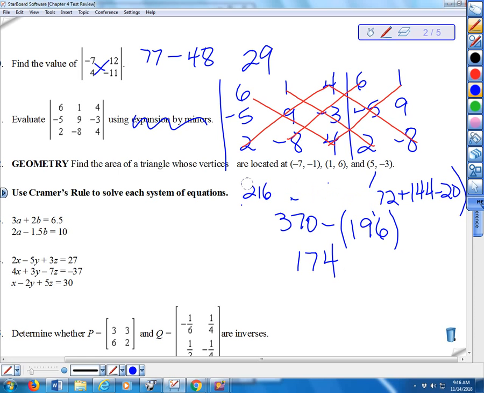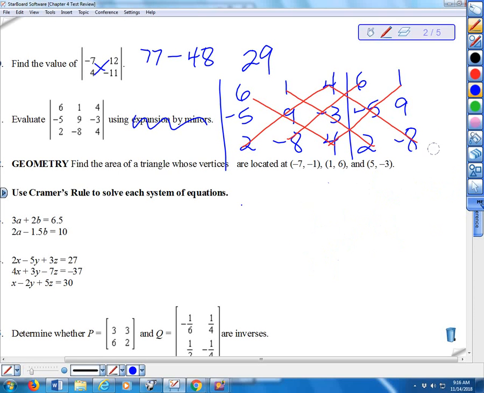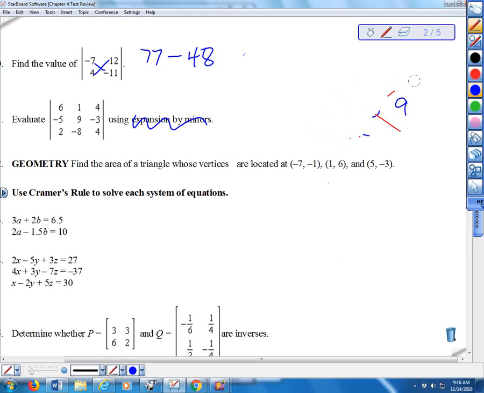Cramer's, oh, we've got a geometry, area of a triangle. So for the area of a triangle, you take the determinant of the points. Those are the X and Y columns, so I'm going to write the points down. 7, negative 1, 1, 6, 5, negative 3. The last column is just ones.